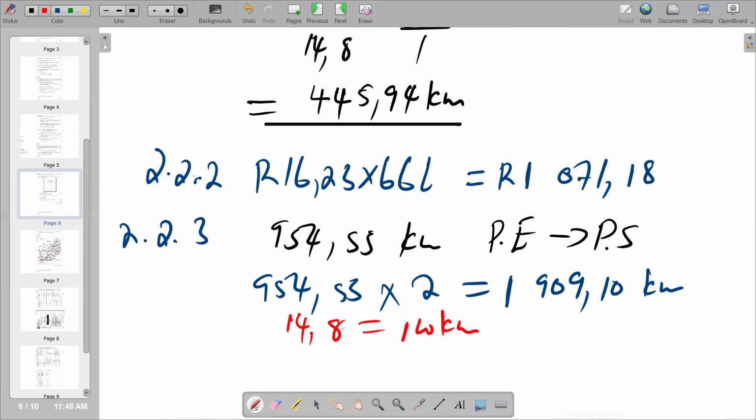So here we have 1,909.10 kilometers. We need more liters, so we're going to say 1,909.10.